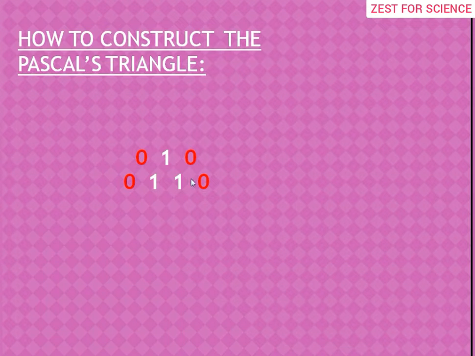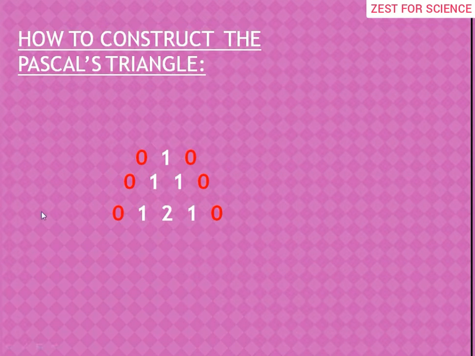Again, imagine two imaginary zeros on both sides and add them with the 1s. So add 0 and 1, you get 1 and place it in between underneath.